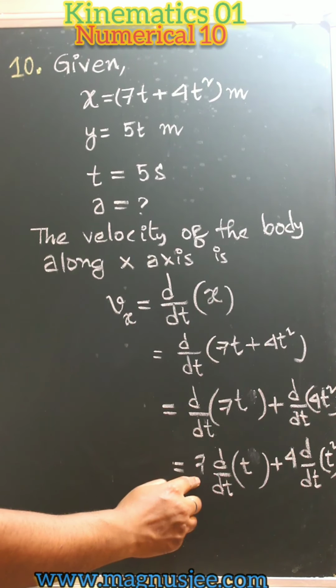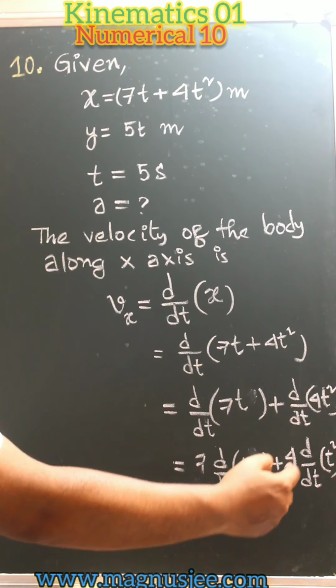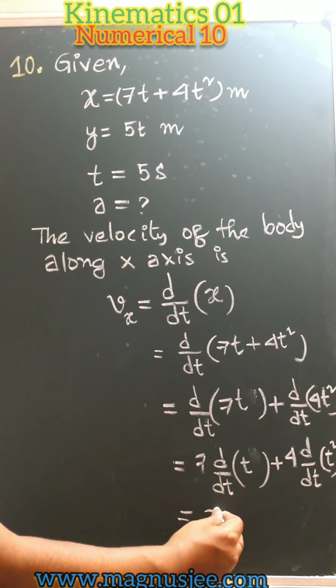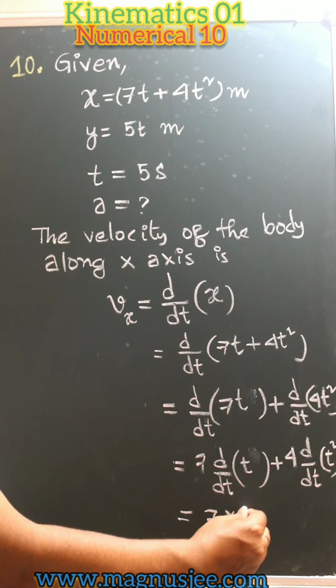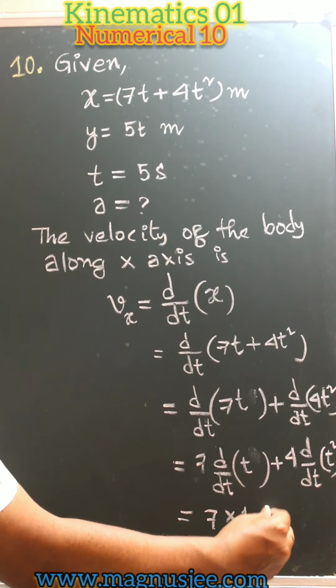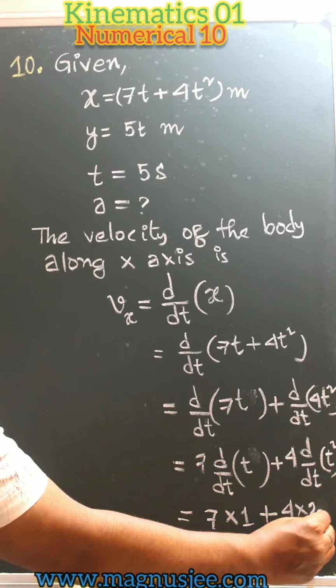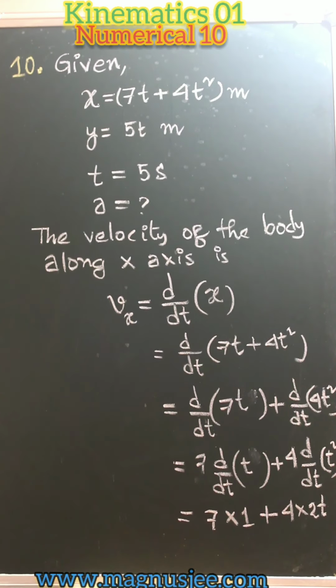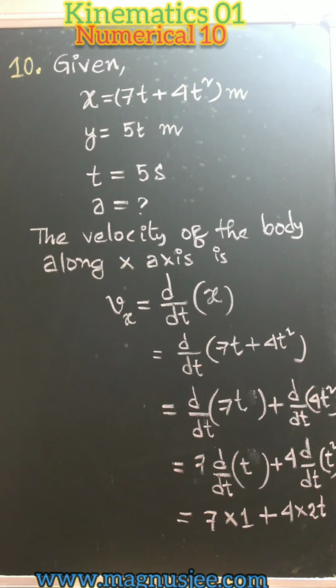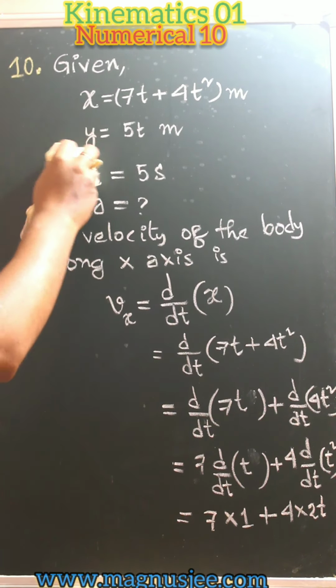Seven is constant, so it is brought outside d by dt, and 4 is also constant, so it can be brought outside the d by dt operator. d by dt of t is 1, and d by dt of t square is 2t by using the formula. Hence we get the expression of instantaneous velocity of the body along x-axis.